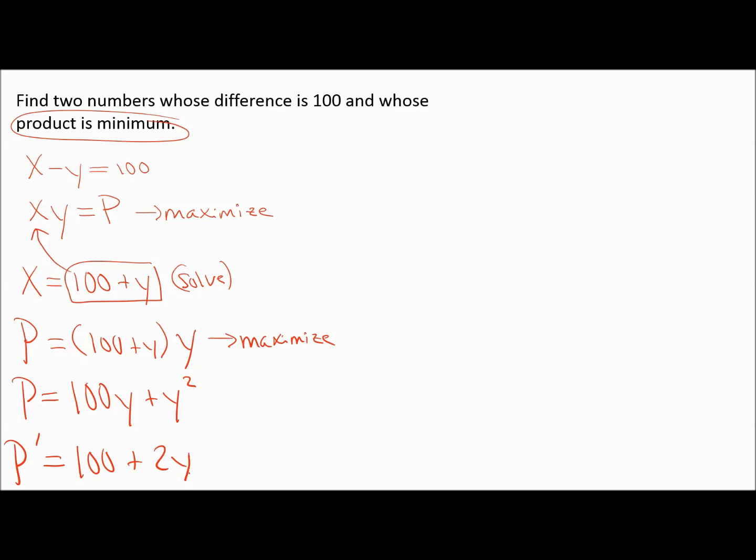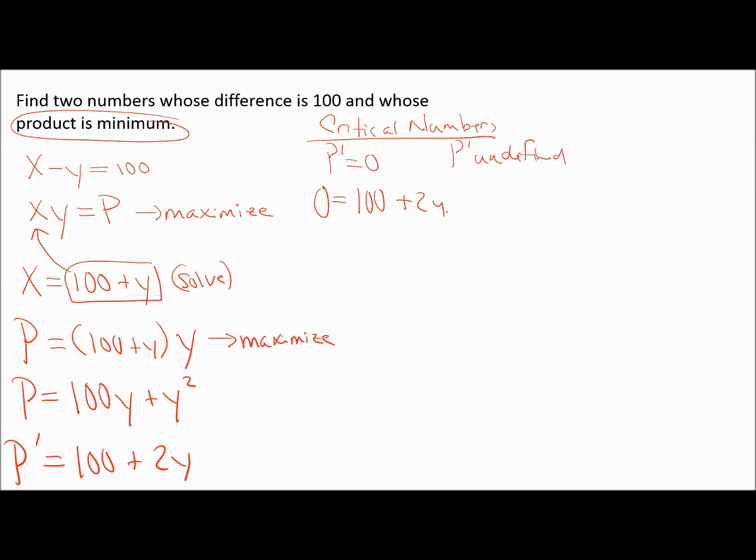Now what am I supposed to do? I'm supposed to find critical numbers. Remember how to find critical numbers? There's two different things you must do. You must set the derivative equal to 0, so P prime equals 0. And where is P prime undefined? Well, P prime is equal to 0 at 100 plus 2y.